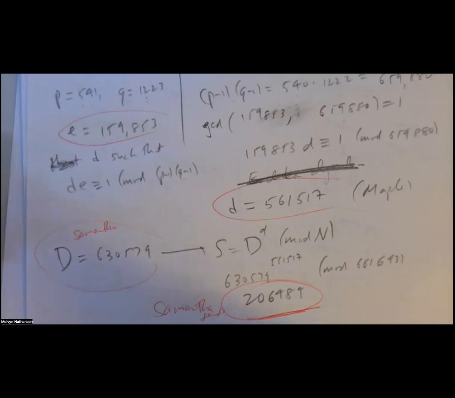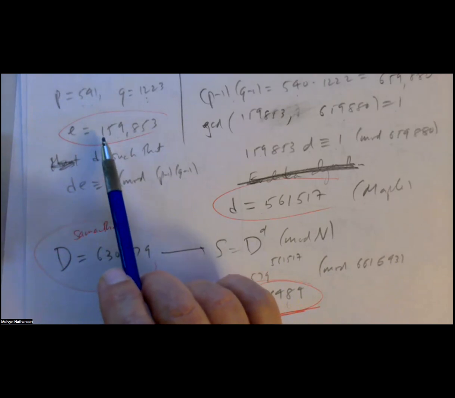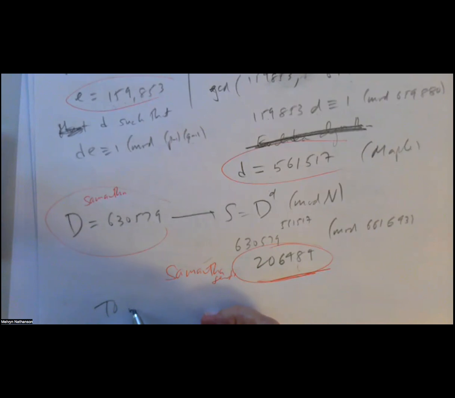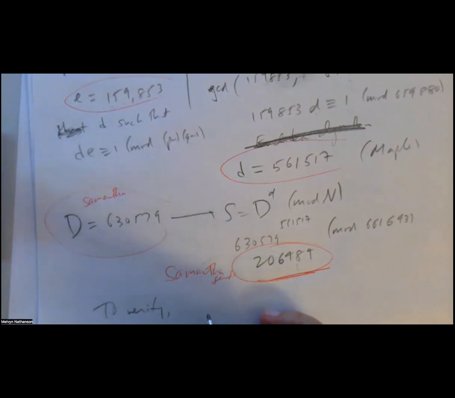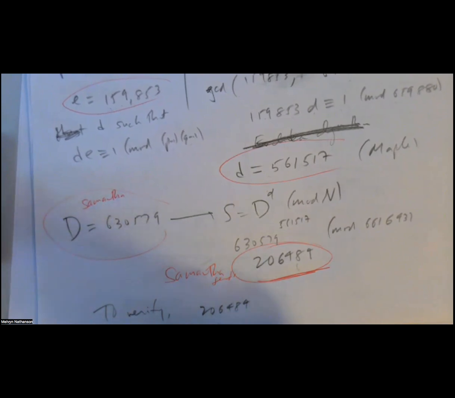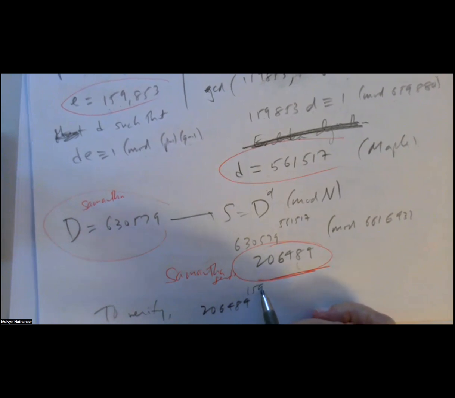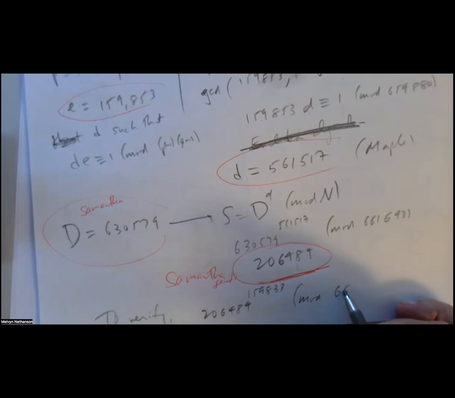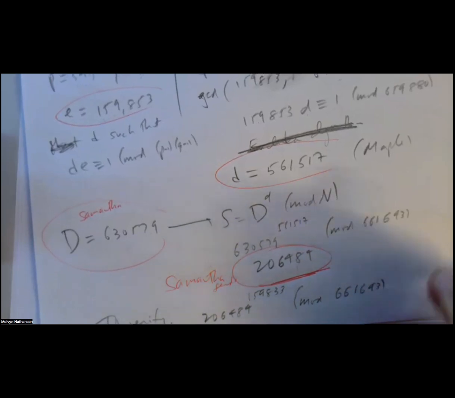And if you want to verify that this really is Samantha's signature, you take this number and raise it to the public exponent e and reduce it mod n. So to verify, I need to take 206,484, and raise it to the power 159,853, and reduce it modulo 661,643.